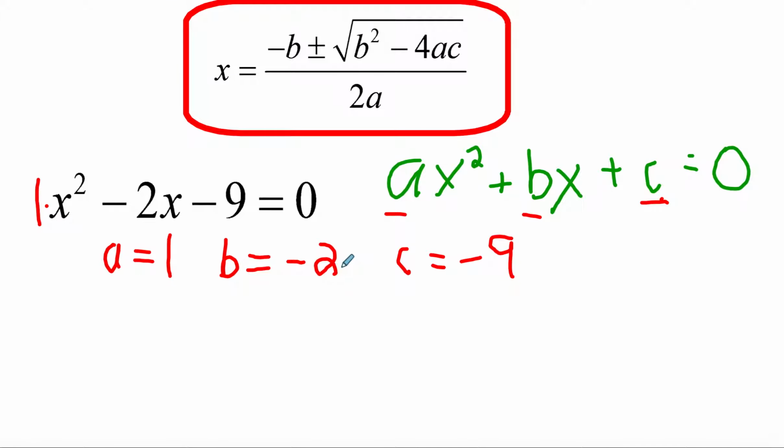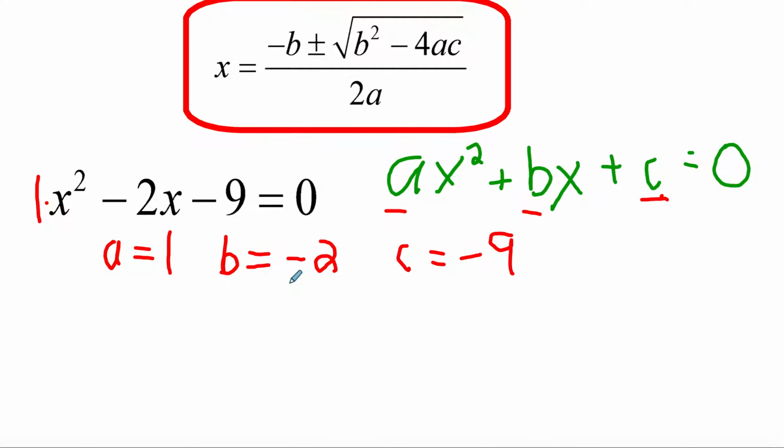Okay, so let's do that, and we'll do this example together. So remember, we're solving for what x could be that will make this 0. So our answer should be x equals. That's why it's written like this. So x equals negative b. So b is -2.